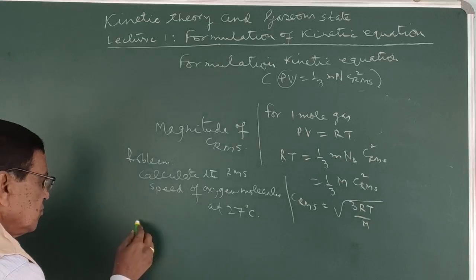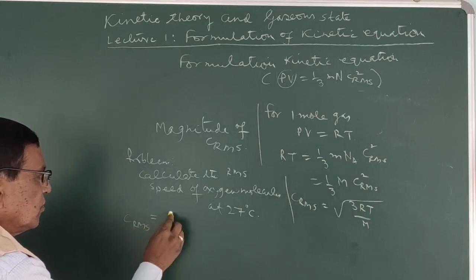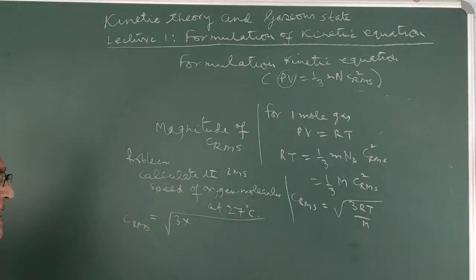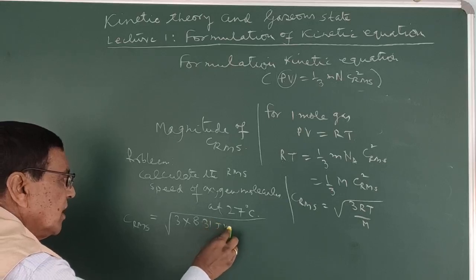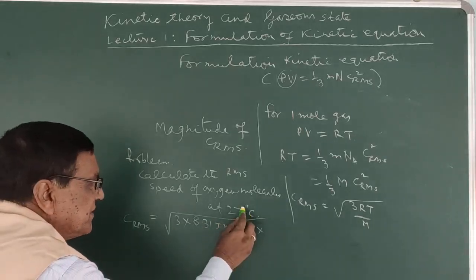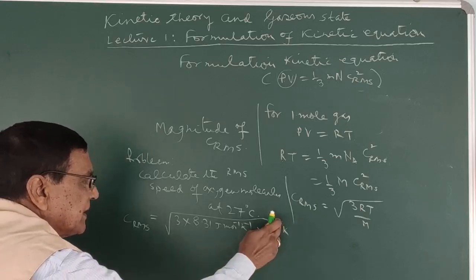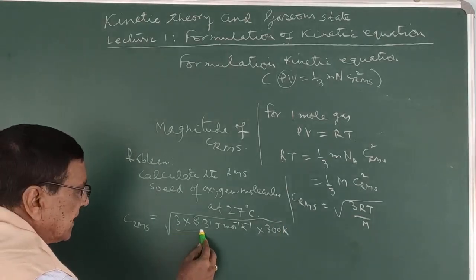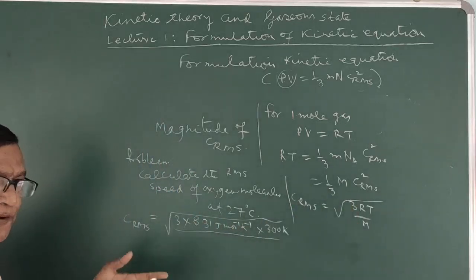So CRMS equals root over 3 times R. If we put this R in joules, then 8.31 joule mole inverse Kelvin inverse, and the temperature 27 degrees centigrade means 300 Kelvin.